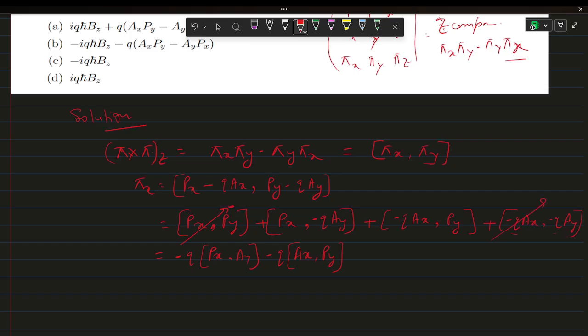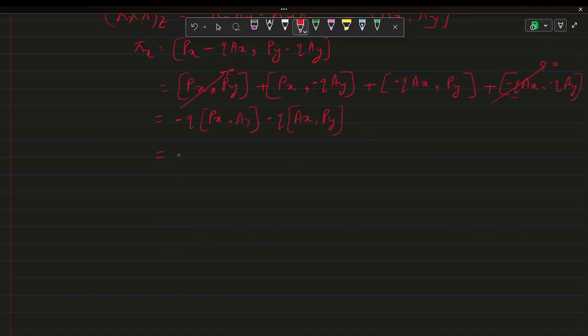So this term is also 0. We can take minus q outside. Px ay minus ay px plus ax py minus py ax.